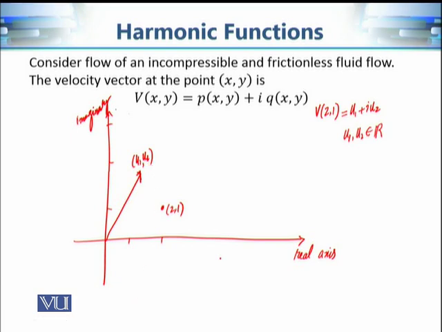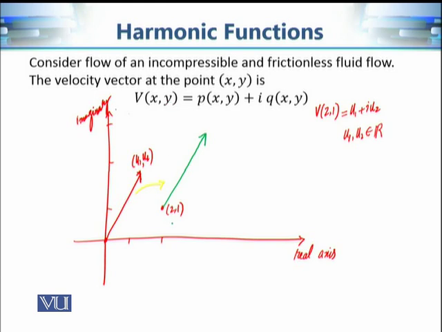Since we want to calculate the velocity at point 2, 1, and this vector has its tail at the origin, we translate this vector to this position. That's how we get the velocity at any point.